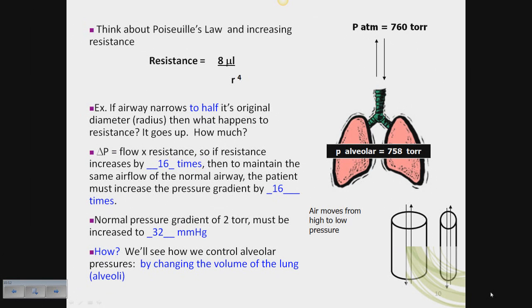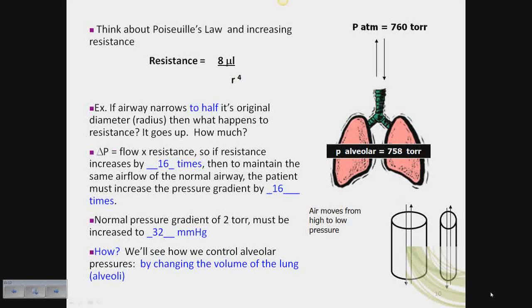So let's play. If an airway narrows to half its original radius, then what will happen to resistance? According to Poiseuille's law, it goes up. But how much? 1/2 times 1/2 times 1/2 times 1/2 is 1/16. So 1/16 substituted for r to the 4 here.